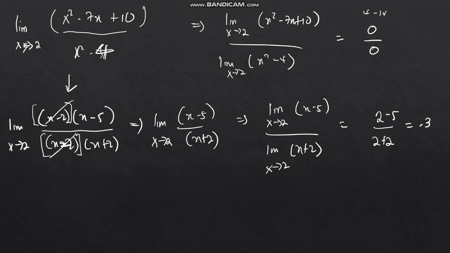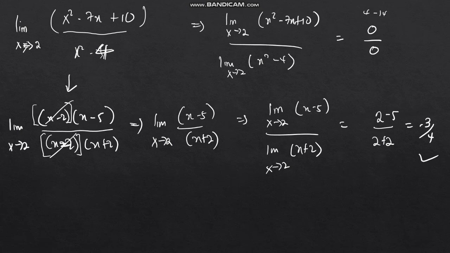This will give us 2 minus 5 over 2 plus 2, which is negative 3 over 4. So you have to be very careful and check all your options for your final answer.